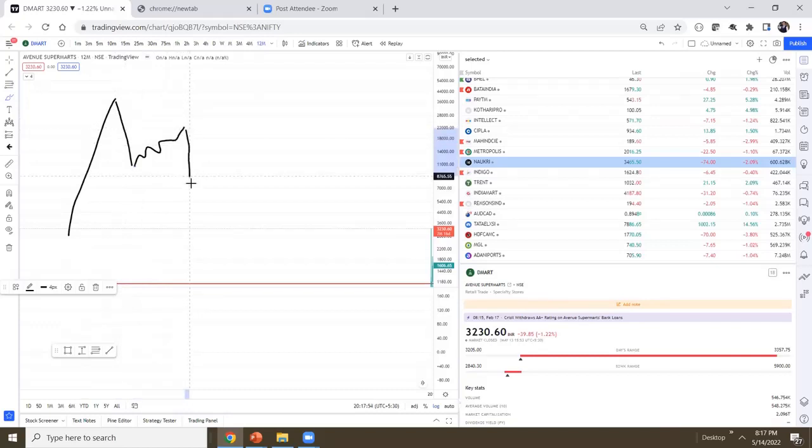And then we again get a move which breaks the previous low. So you can see it is like this and this. This is A, this is B, this is C. Are you able to visualize this structure?